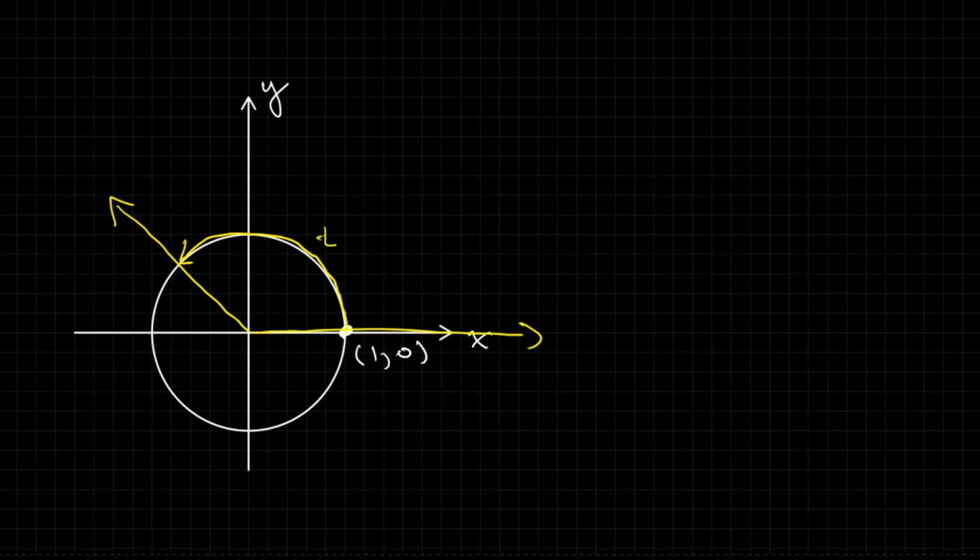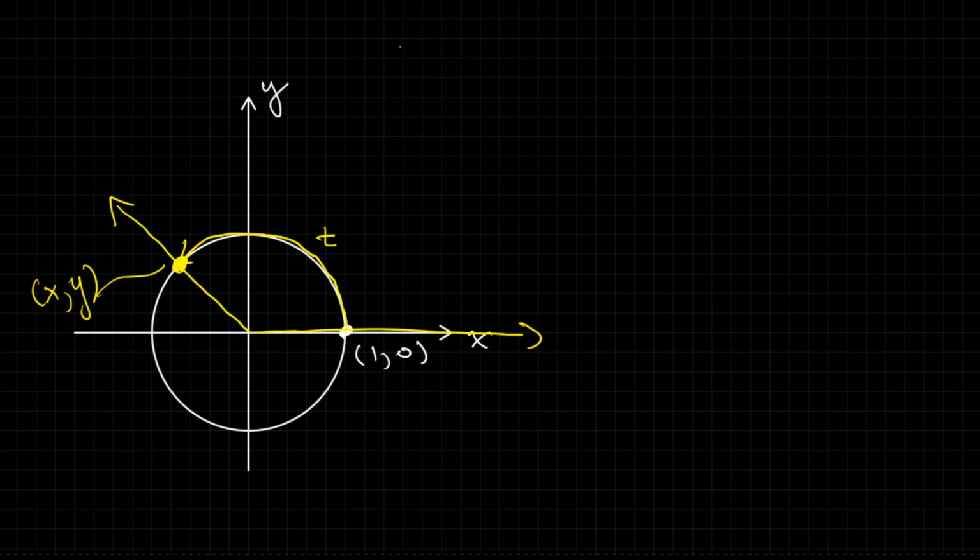And let's call this t. And let's label the terminal point (x, y). Now, from previous classes, we know what the equation of a circle is.